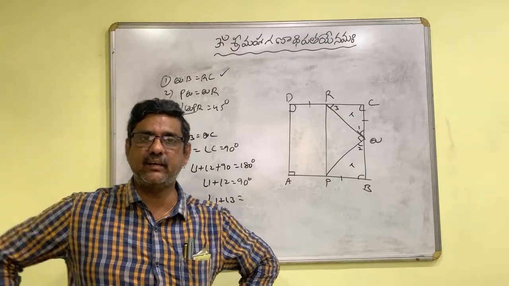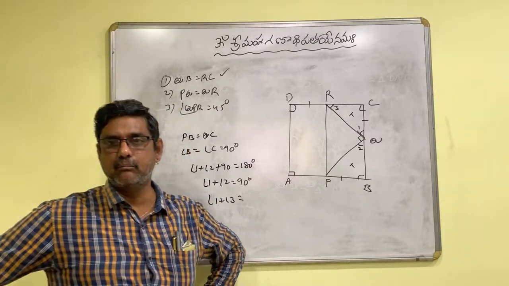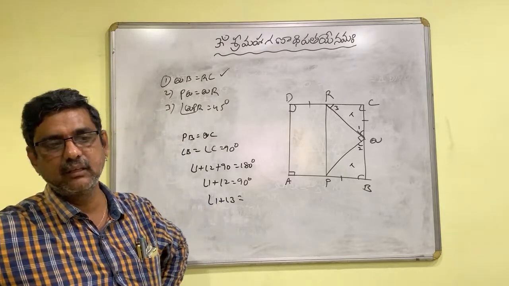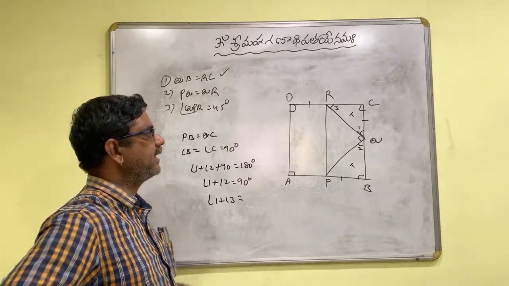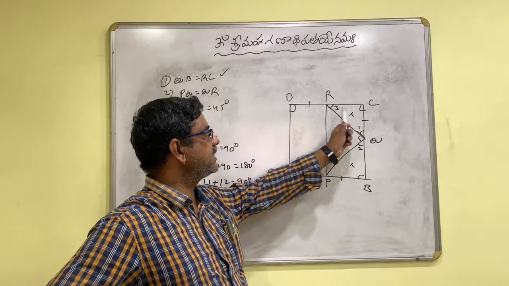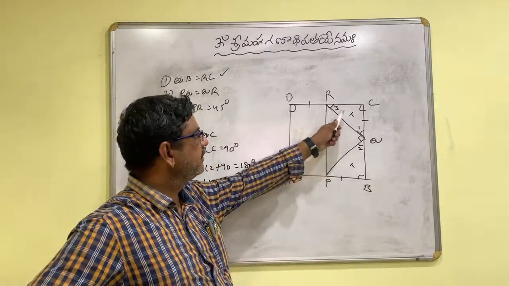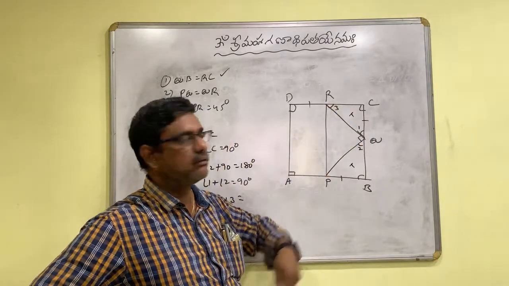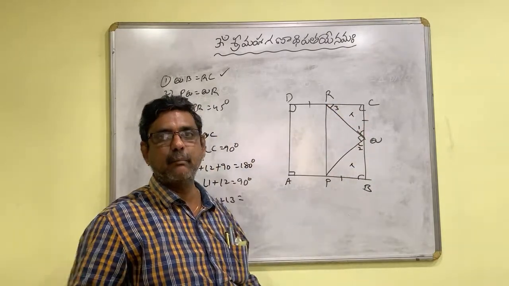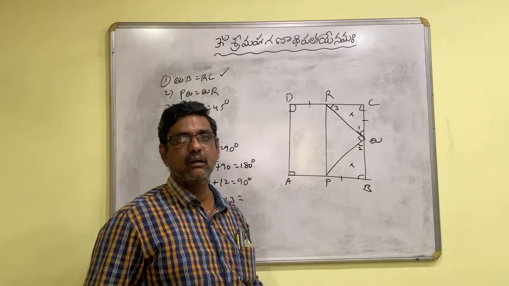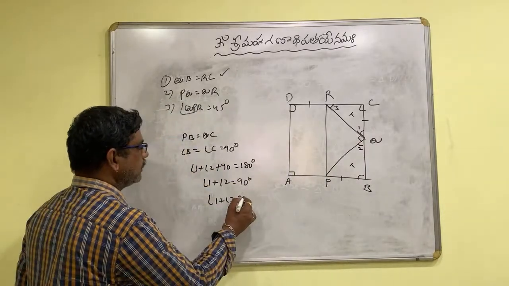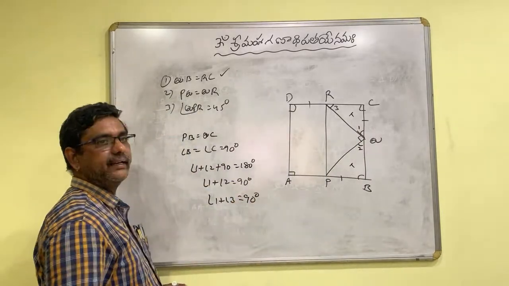What is the reason? Angle sum property of triangles. If this angle is 90, the sum of the other two angles is also 90. In triangle RCQ, angle C is 90, so the sum of the remaining two angles is also 90. So angle 1 plus angle 3 is also 90.